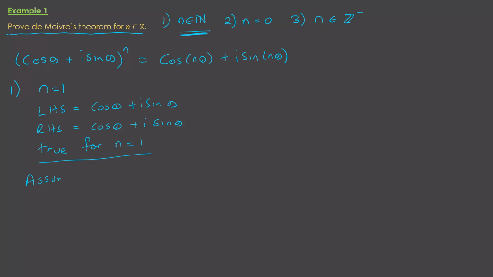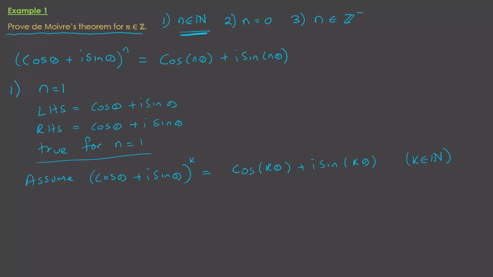So here we're going to assume that (cos theta + i sin theta) to the power k is equal to cos k theta + i sin k theta, and that is true for some natural number k.